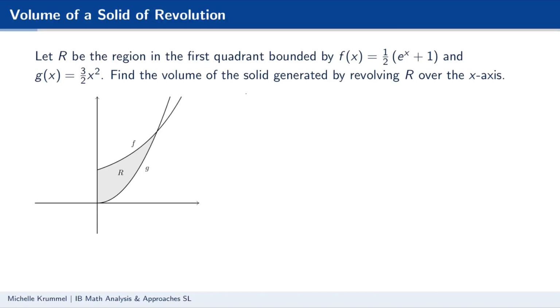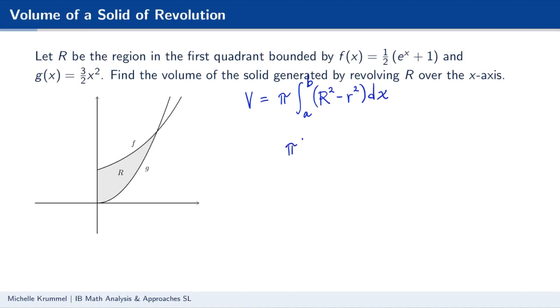So if you remember your basic setup for washer method, to find your volume, you're going to multiply pi by the integral from a to b, being the interval that you're working on, of your big radius or your outer radius squared minus your inner radius squared times dx.